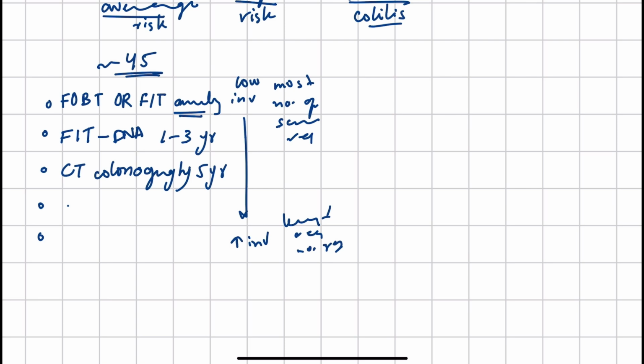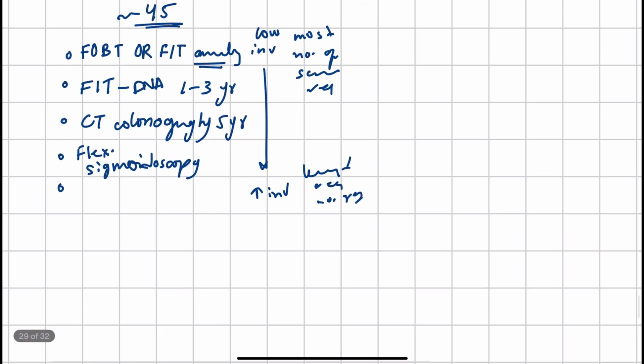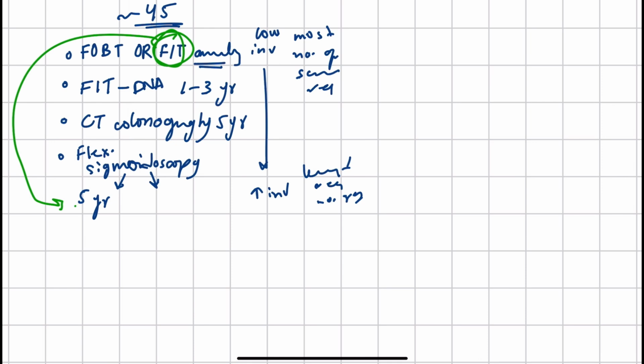Then, getting more invasive, we have the flexible sigmoidoscopy. Okay, and it's kind of special, this one. For flexible sigmoidoscopy, you can either do it every 5 years, or if you are doing the FIT test, you can do it every 10 years with the FIT test.